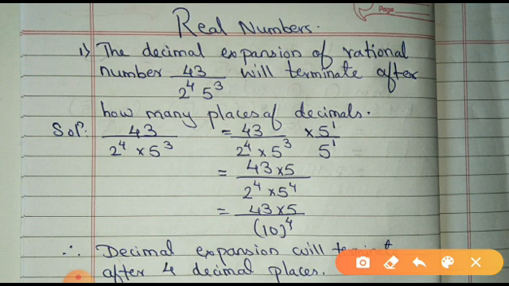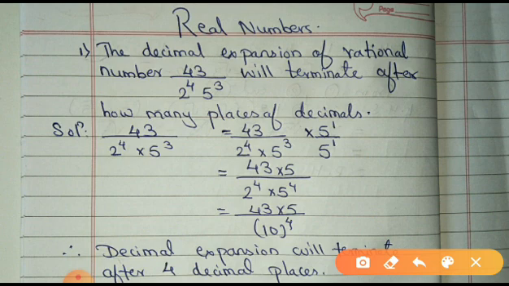So 5 should be multiplied to your numerator and denominator so that the equality remains the same. My numerator becomes 43 into 5 divided by 2 raised to 4 into 5 raised to 4. Numerator, no need to simplify, keep it as 43 into 5 itself.